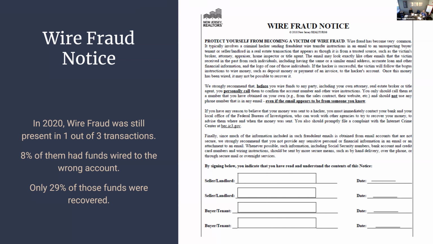And only 29% of those funds were recovered, so less than a third. Make sure your seller signed it and your buyer signed it. If you're working on a rental, have them sign the same. And not only sign it, but have them read it and understand that just because you get an email with a bank account, you can't just act on it and transfer your funds to that account. You need to pick up the phone, call your attorney or the title company and confirm those account numbers.